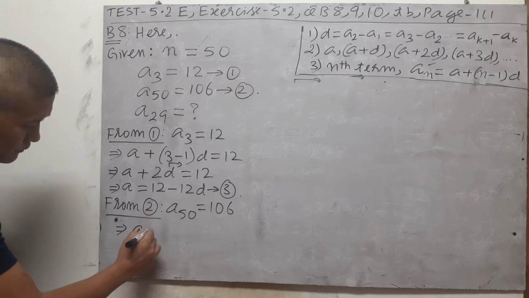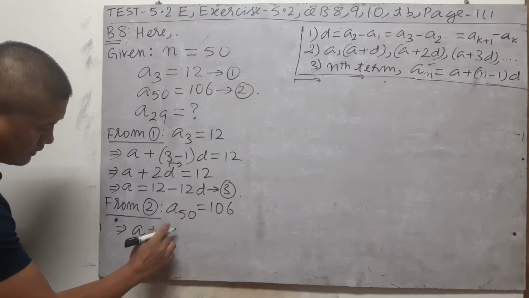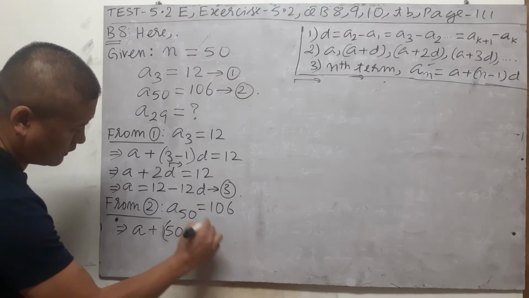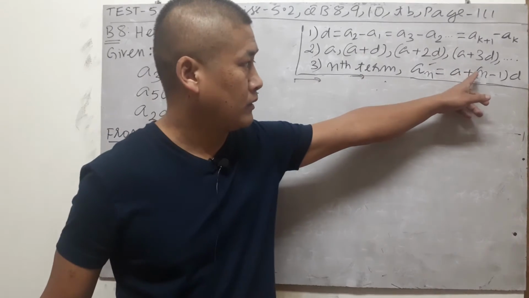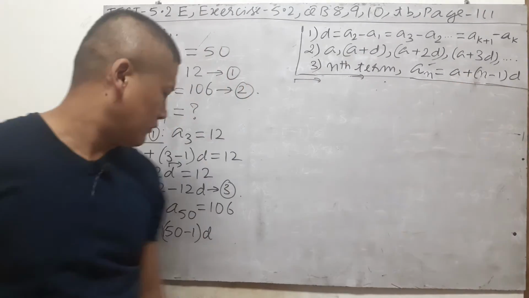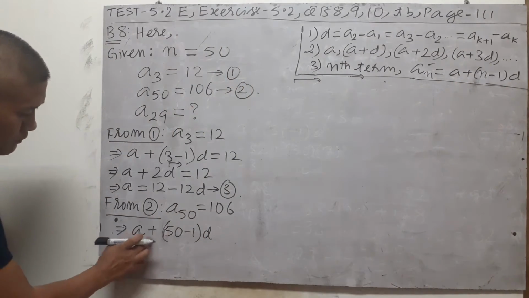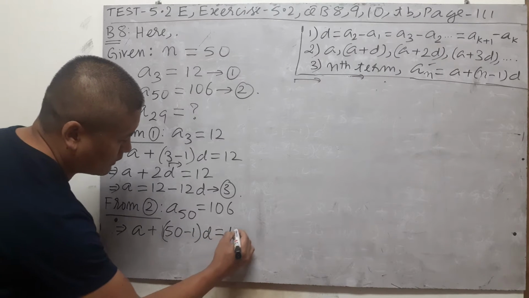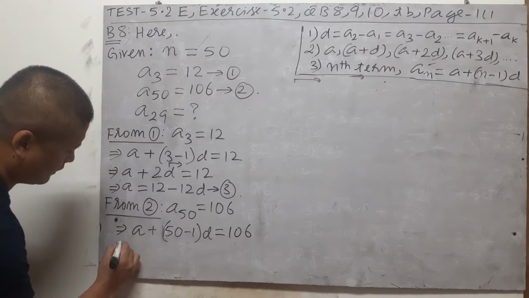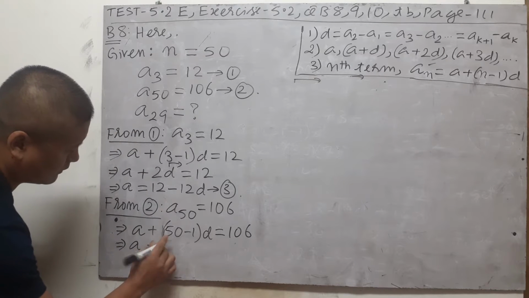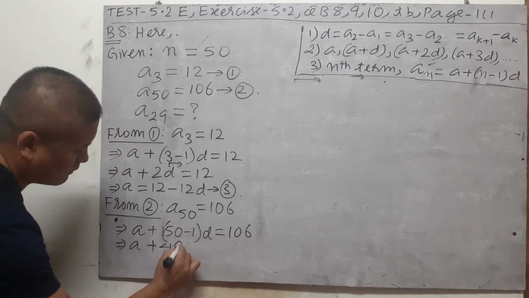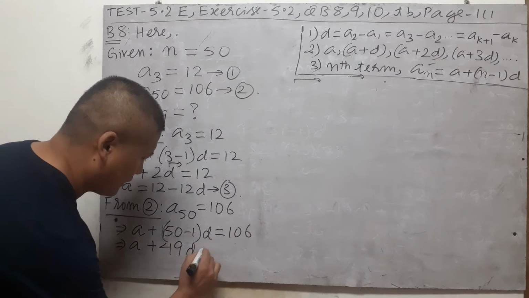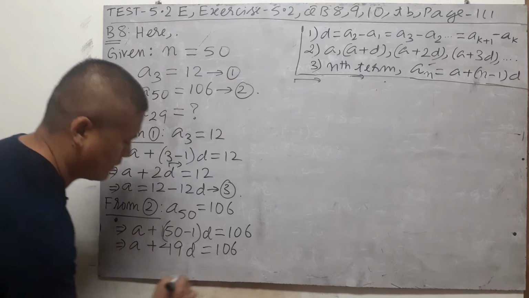The 50th term is A plus n minus 1, n is here 50, minus 1 into D. Using this formula again, An equal to A plus n minus 1 into D. A plus 50 minus 1, n minus 1 into D, equal to 106. So here A plus 50 minus 1 is 49, 49D is equal to 106.